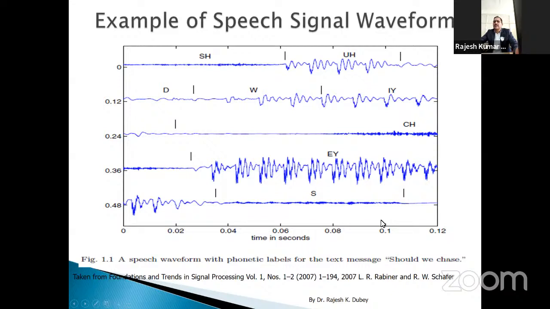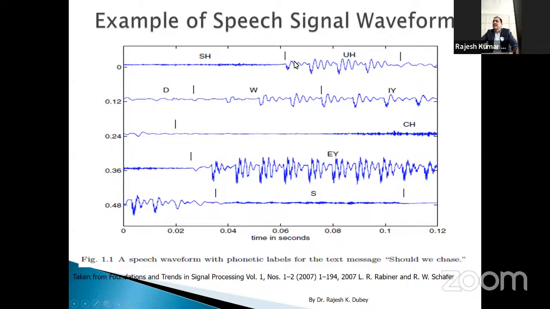What is a phoneme? The smallest unit of the speech sound wave we call a phoneme. The smallest unit of this speech sound, like "should we chase", "should". First comes the sh sound, should. Then the u sound. We can see here the sh sound looks like noise, and the u sound has some magnitude and some periodicity.